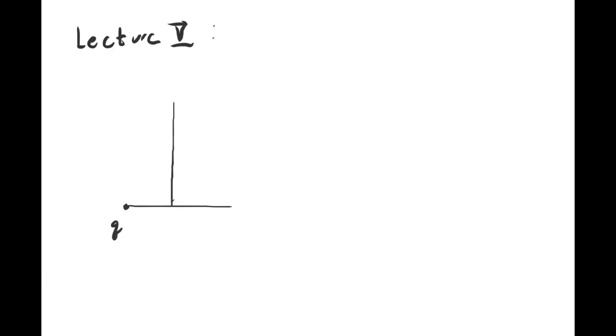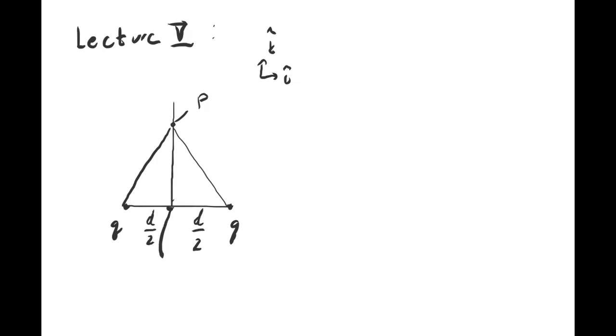So here's a charge Q. Here's another charge Q. I'll do this so my unit vectors are pointed accordingly. And here's a point P. Again, this should be very familiar to you. There's a distance from P to Q there. And the two charges are separated by a distance D. So if I place my origin there, the distance from the origin to each one of the charges is just D over 2.